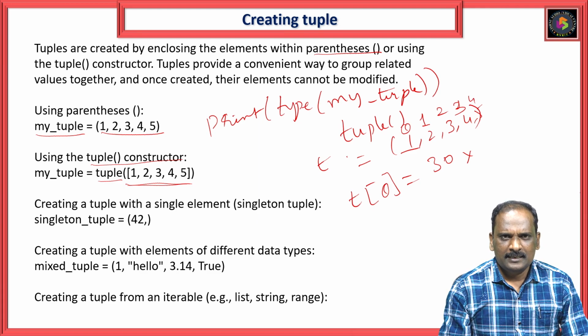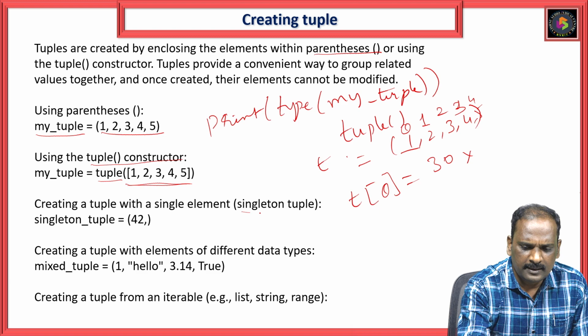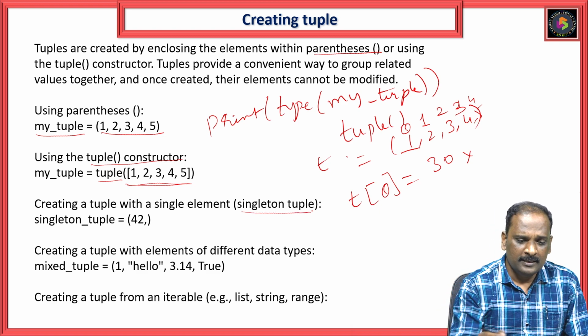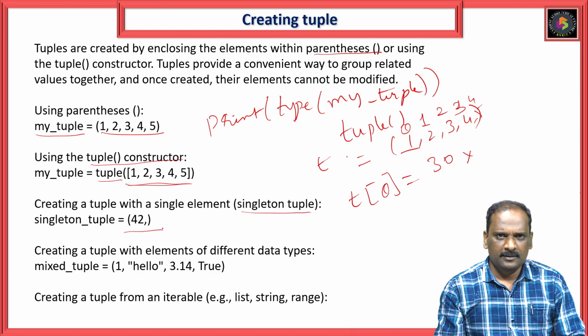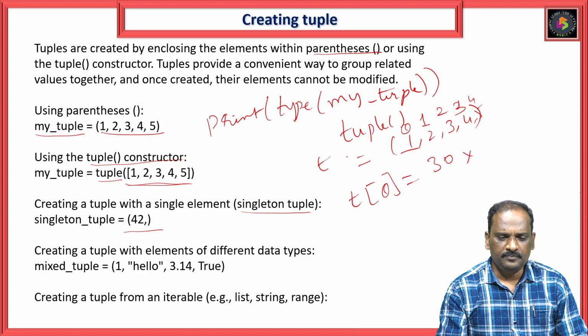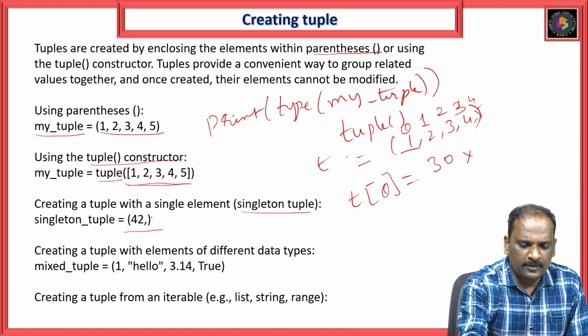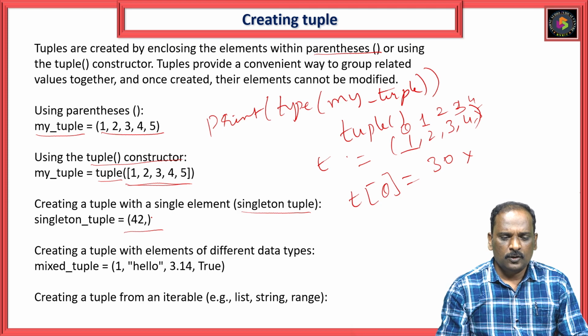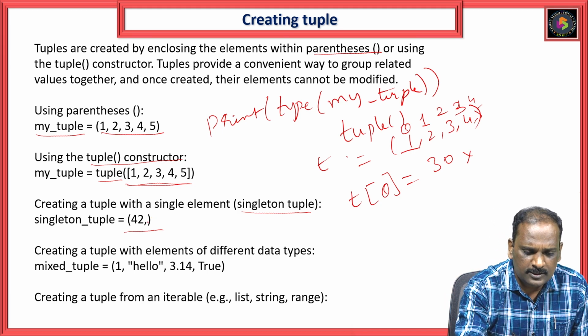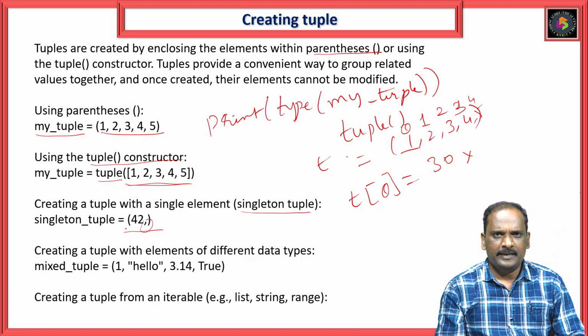If you want to create a tuple with a single element, it is called a singleton tuple. That can be created by using 42 comma, written inside the parentheses. This comma is mandatory.